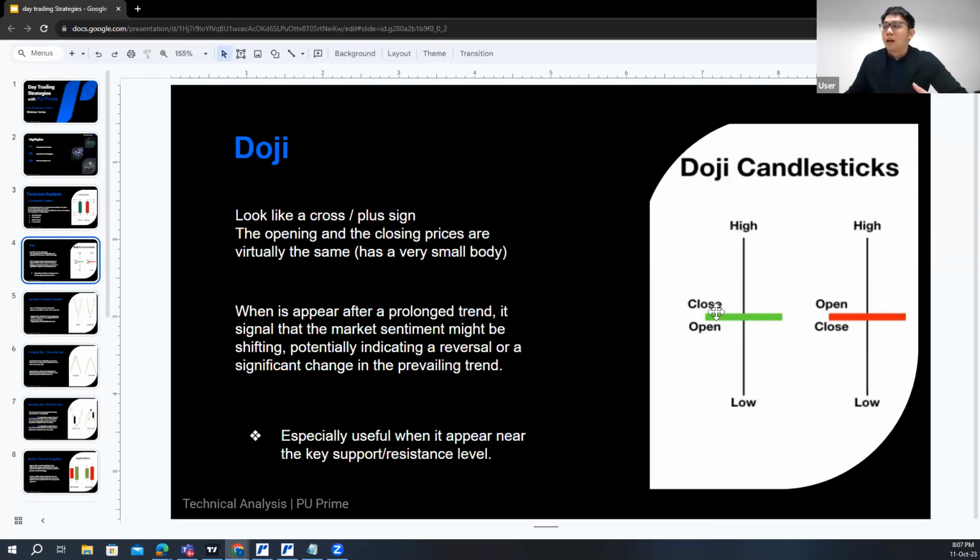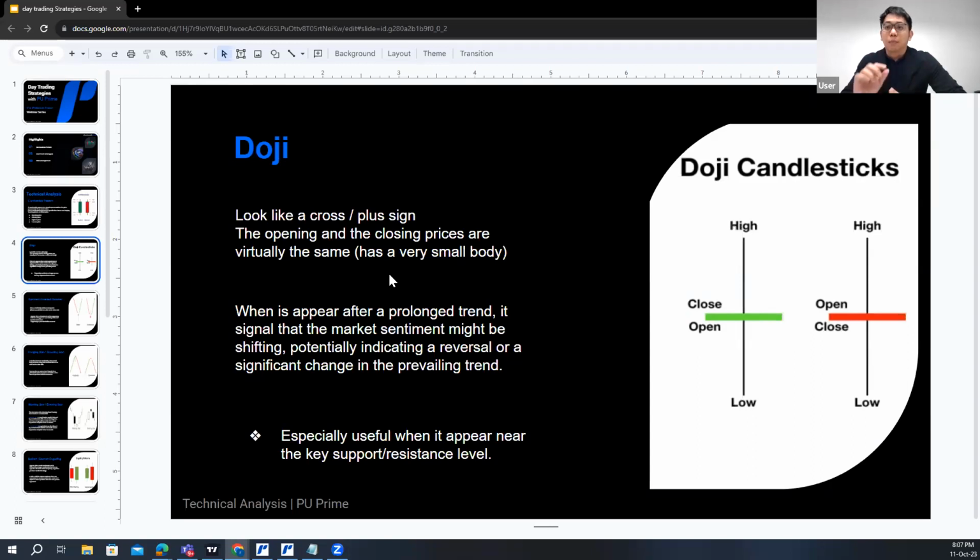When it happens like this, it means the market is in a dilemma. They cannot decide what price they're going to be, what direction they want to go. Also, doji is very important in how we use it. Normally we don't use it in the middle of a trend. The doji only has meaning when you see it in a very aggressive downtrend or uptrend.